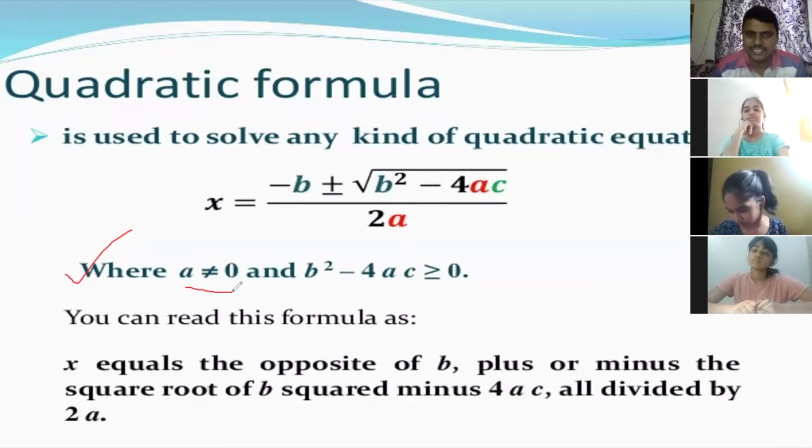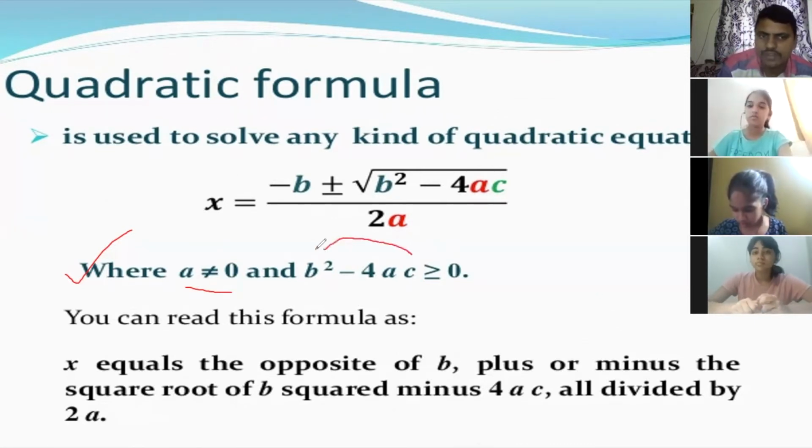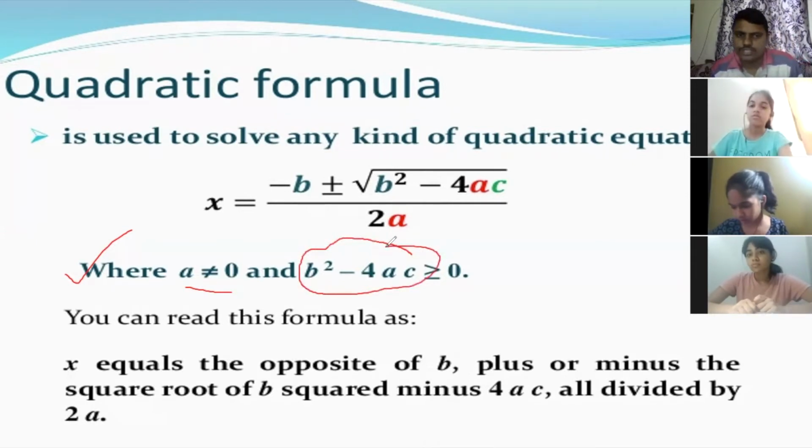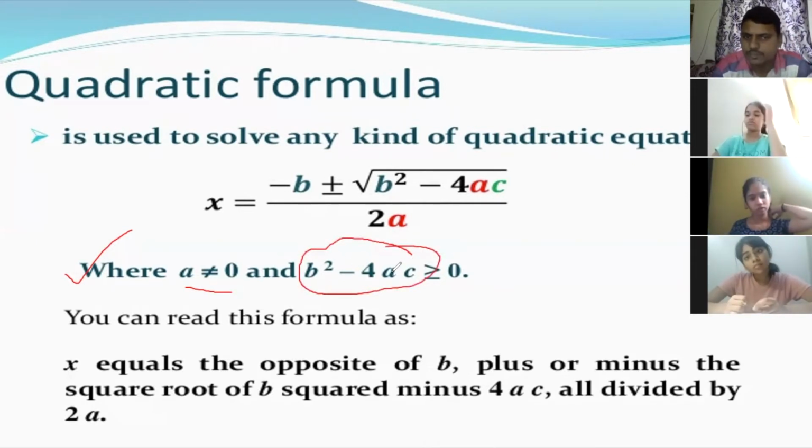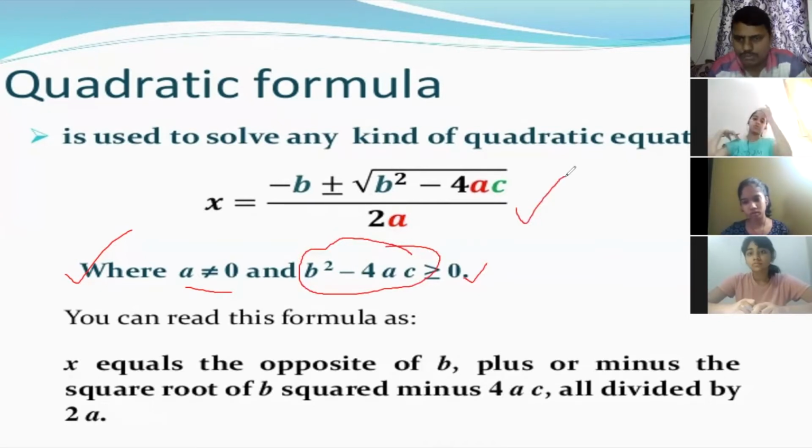How can you apply this formula? That's why the condition is there. And most important, next class also I will explain more on this: nature of the roots. Remember, b square minus 4ac greater than 0. If these two conditions are there, you can do this. Otherwise, you can't continue with the formula method.